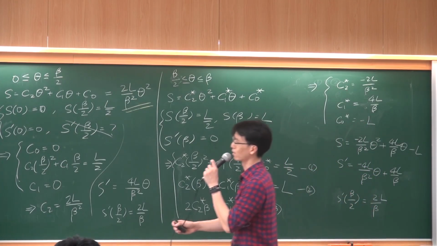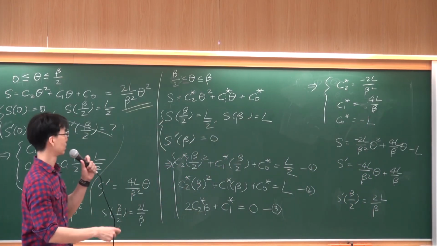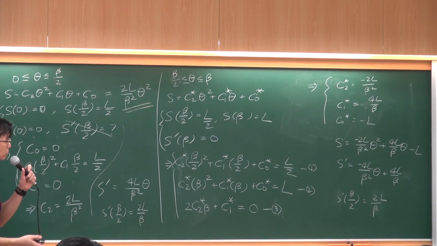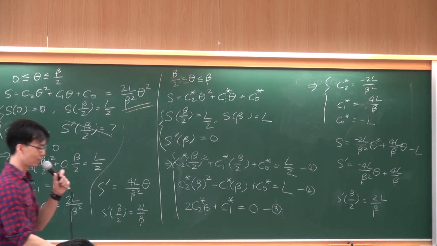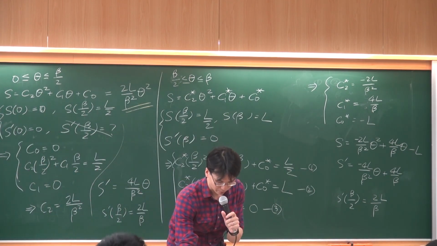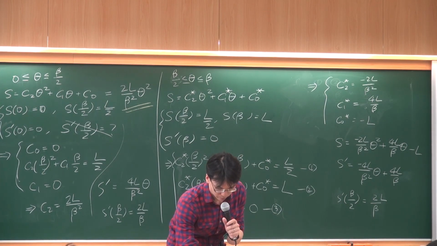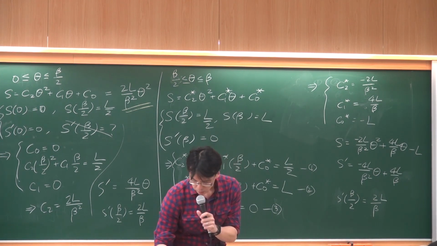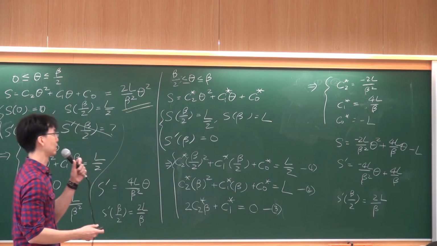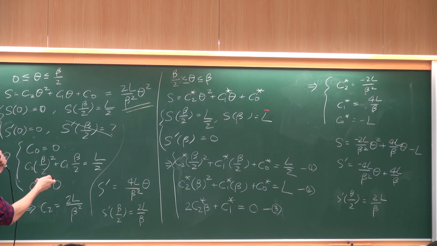Okay, so let's do the second part. For the second segment, I mean this one from beta over 2 to beta, we use another equation. Although it's in the same form, this one is a different equation because we'll have different C2, C1, and C0 for this segment.